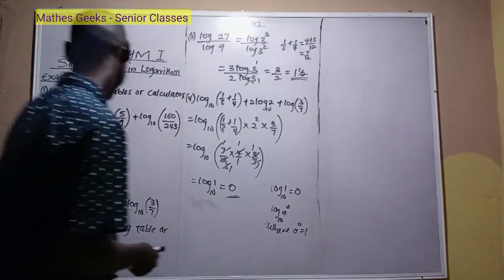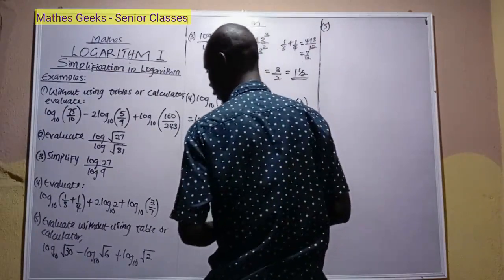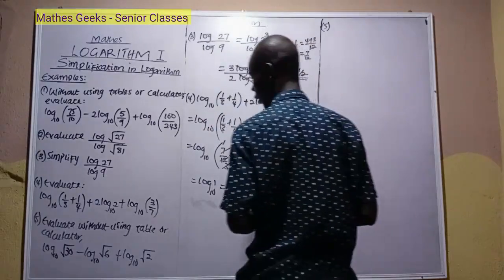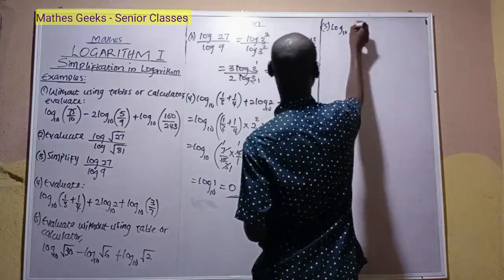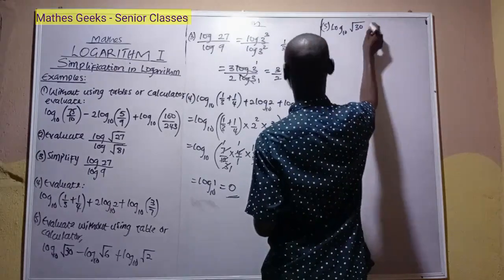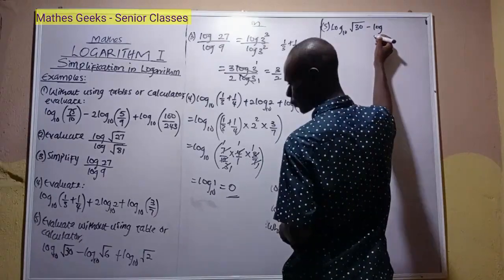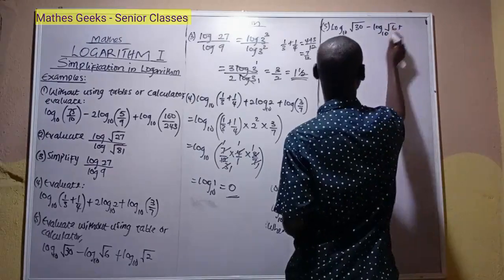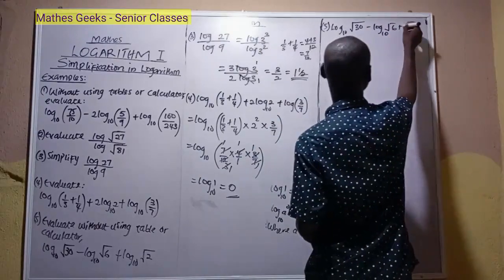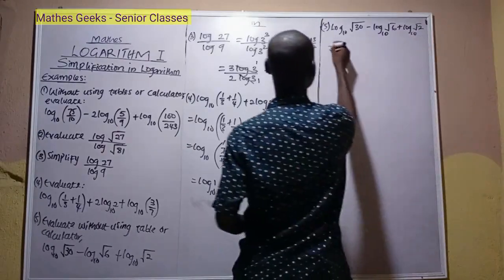Number 5. Evaluate without using table or calculator. Log root 30 to base 10 minus log 6 to base 10 plus log root 2 to base 10.